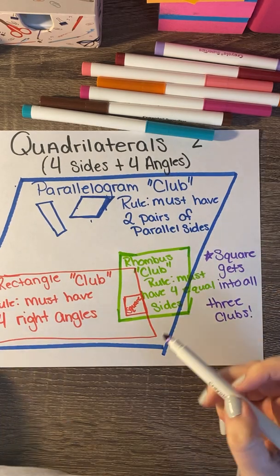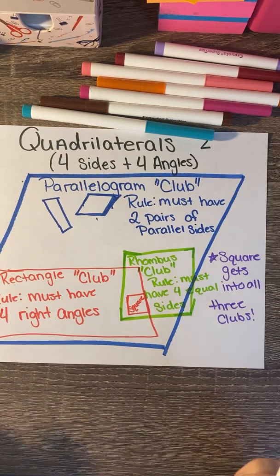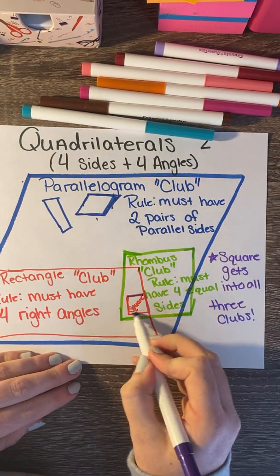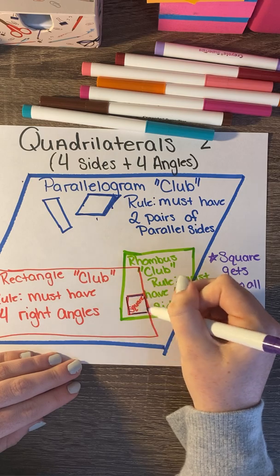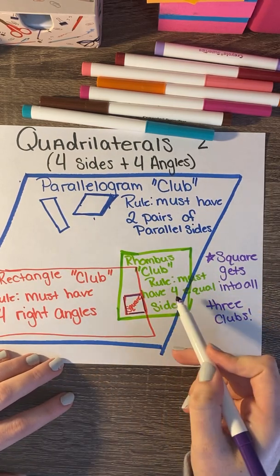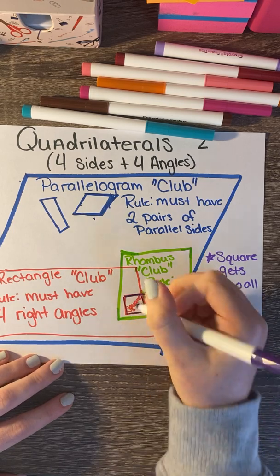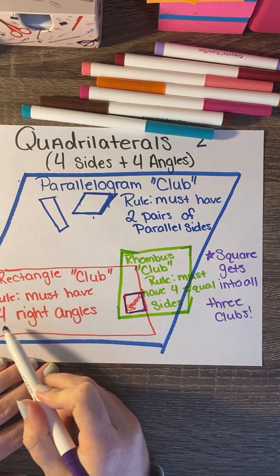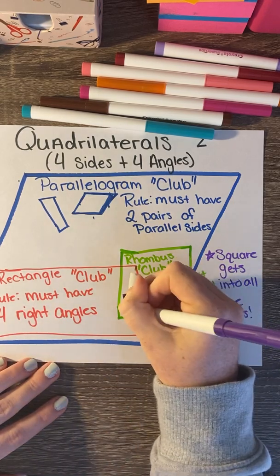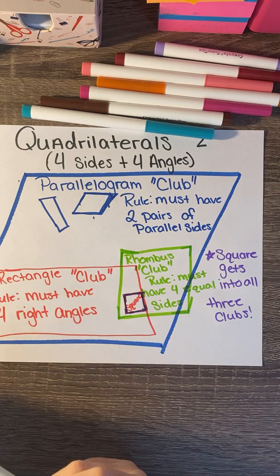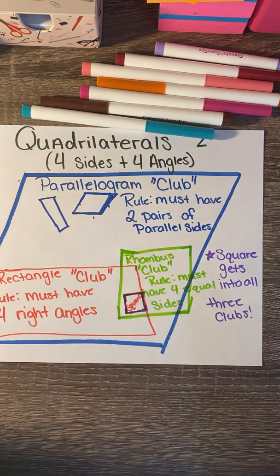Woo! So our square gets to go in the parallelogram club because it has 2 pairs of parallel sides. Right here, see, that's 1 pair, another pair. It also gets to go in the rhombus club because it has 4 equal sides, just like I showed you. They all equal the same length. And then it must have 4 right angles. See? Right angles right there. So our square is very special and has VIP access into all the clubs.